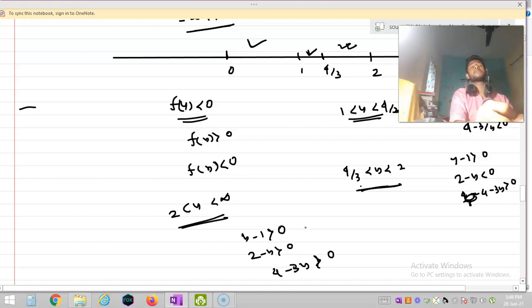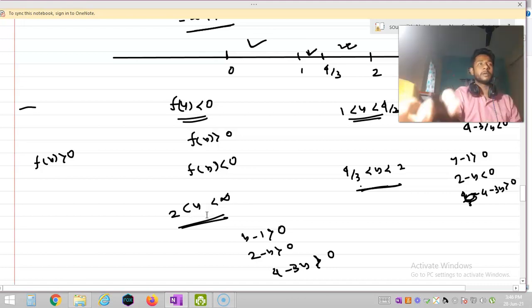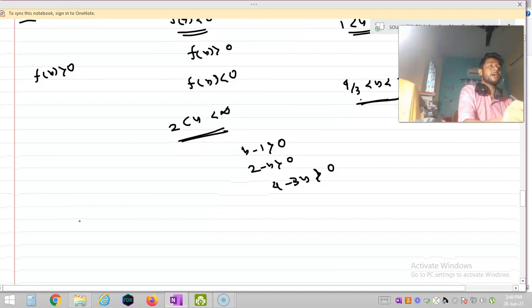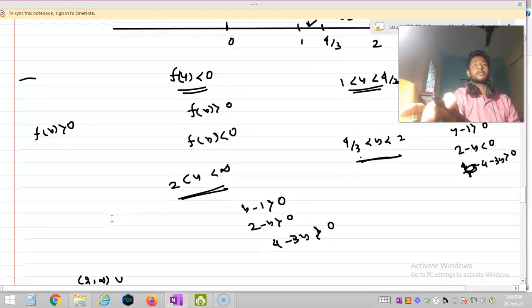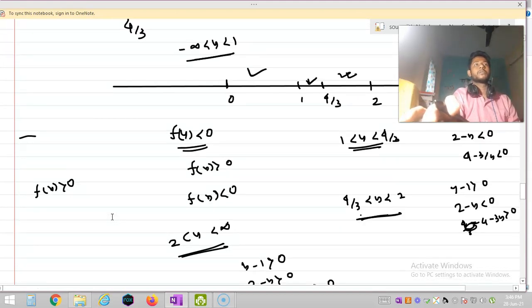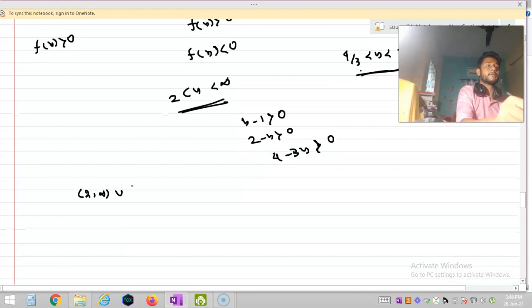So these three positives imply f(y) is positive. So values of y in this range satisfy our given inequation, right? So the values of y are (2, infinity) union (1, 4 by 3).